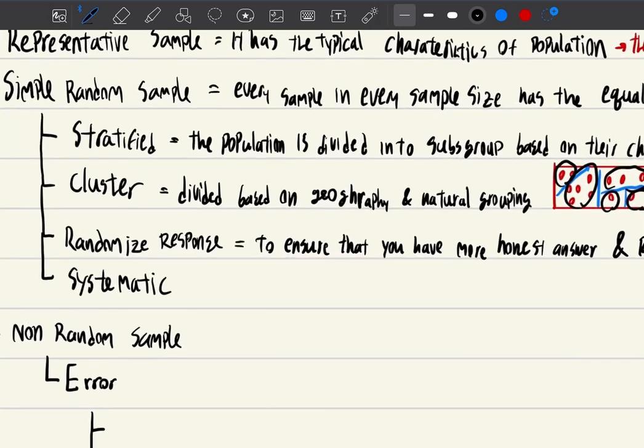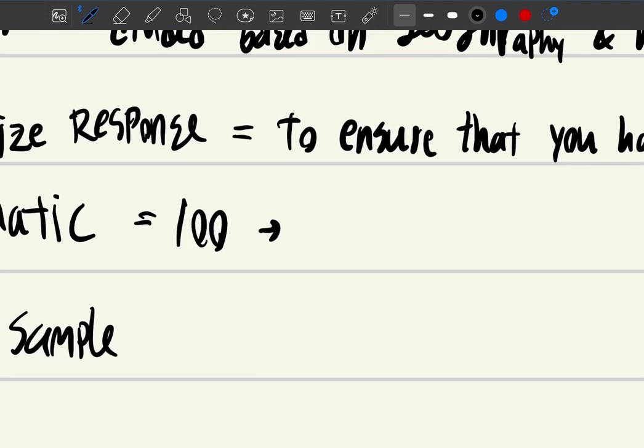Next one is systematic. Systematic is like, I have 100 people and I want every second unit.